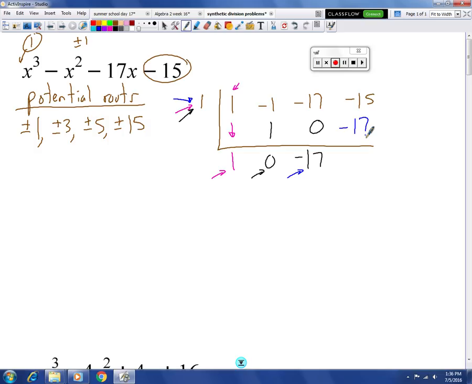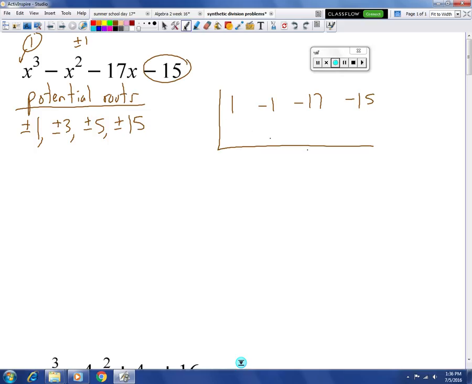And what I'm hoping for is this last spot right here to be a 0. And you can see that's not going to be a 0. That's a negative 32. So that means this number that we tried on the outside is not a root. Okay, so I'm going to erase all this I've done earlier, except my coefficients.